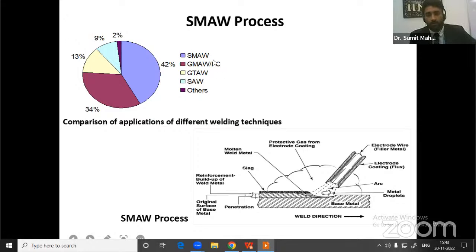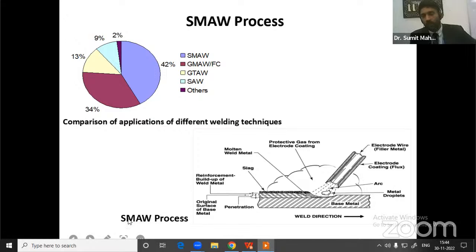You can see how important SMAW is, because it is very easy to use and very portable. All the site work can be performed using SMAW. It is a widely used process: 34% is GMAW, 13% GTAW, and SAW is 9%, with other welding techniques making up the rest. The major part of welding is done by SMAW.